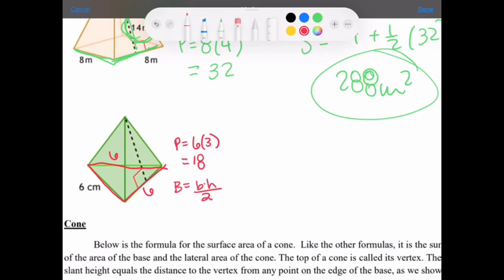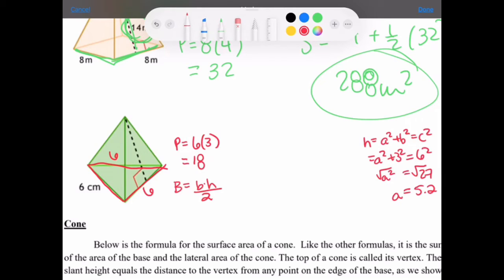So to do that, we just do a squared plus b squared equals c squared, a squared plus 3 squared equals 6 squared. So a squared equals 27, the square root of 27, and a equals 5.2.